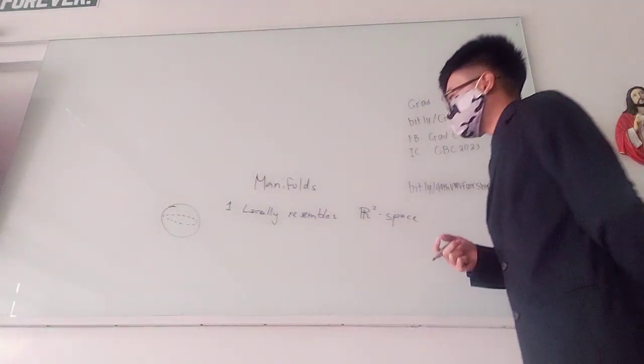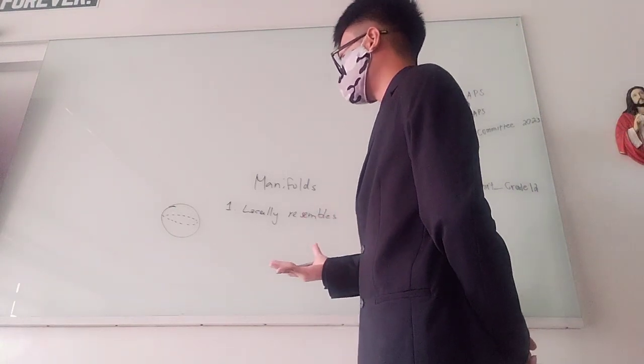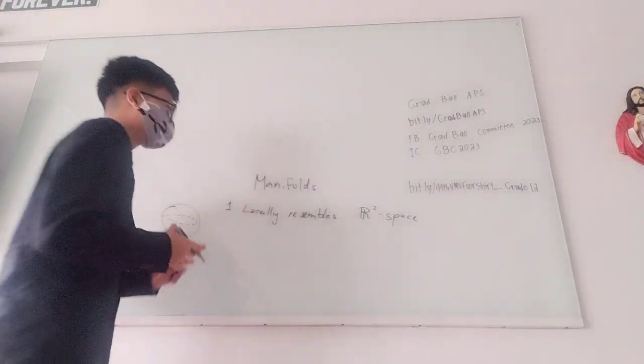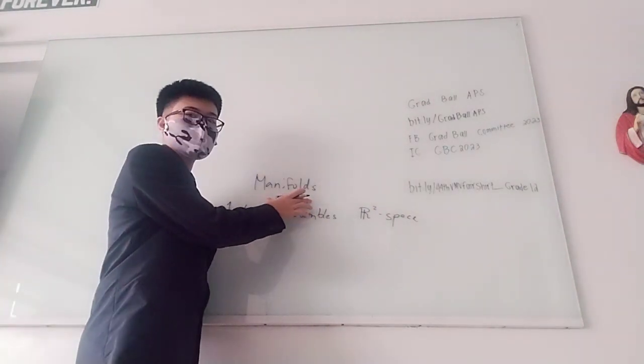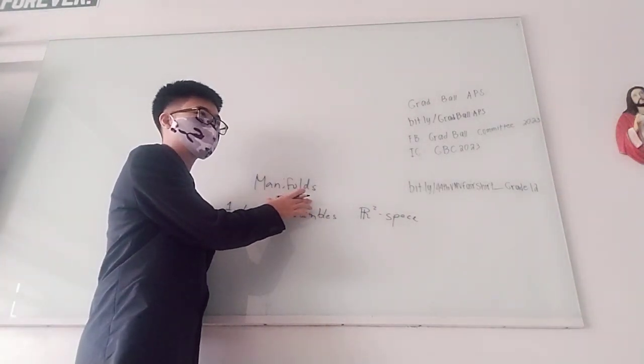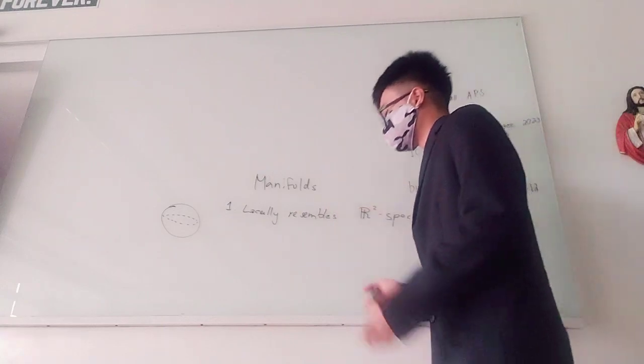And we cannot always project them onto R space, because some of these manifolds are complex valued, so there's really no function that can map every point onto R space.